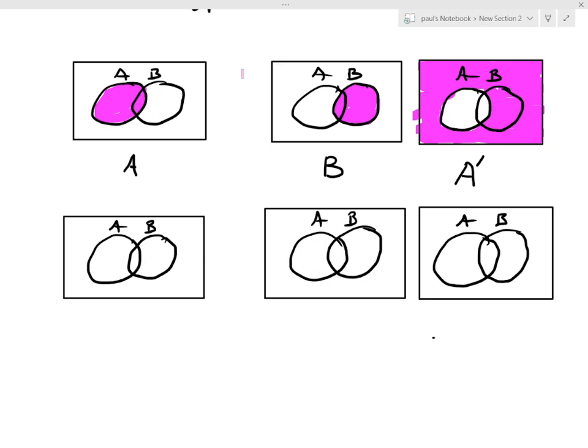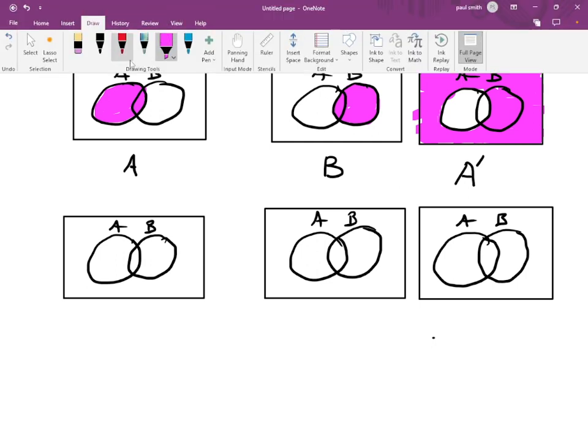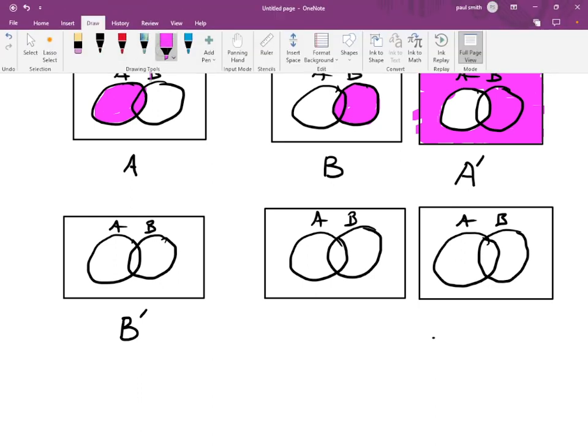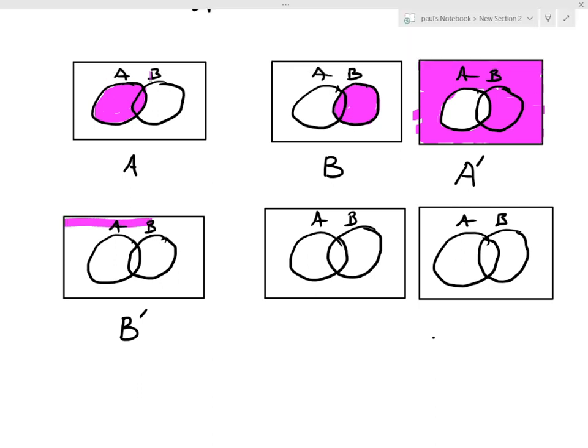Okay, everything that is not in A. And the next one is going to be everything that is not in B. So everything outside of the circle of B is everything that is not in B.